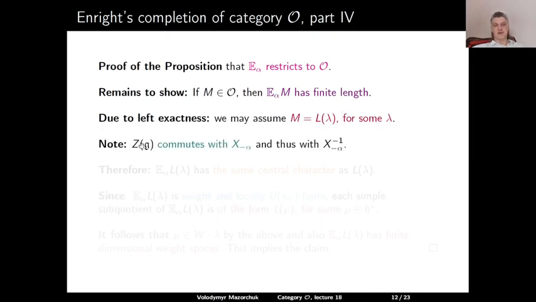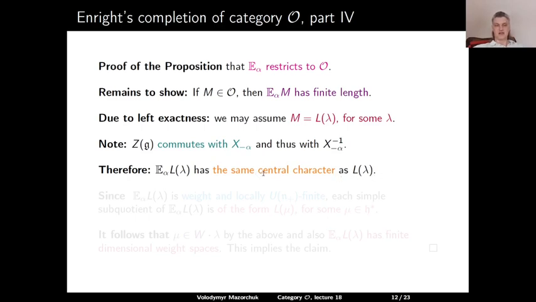Note that the center of the universal enveloping algebra commutes with any element in the universal enveloping algebra, in particular with the element x minus alpha. But then it also commutes with the inverse of this element. This means that the Enright's completion of L lambda has the same central character as the module L lambda.